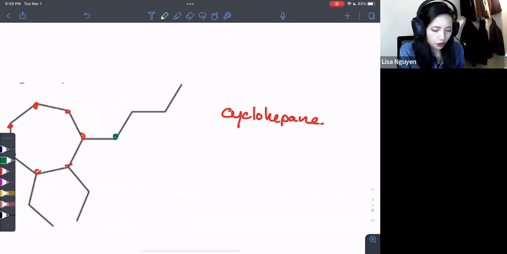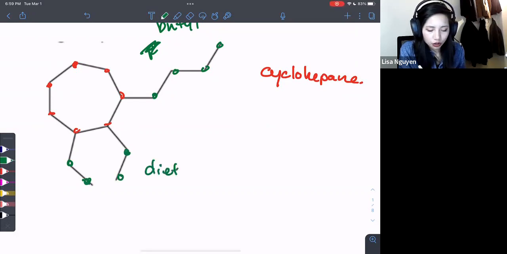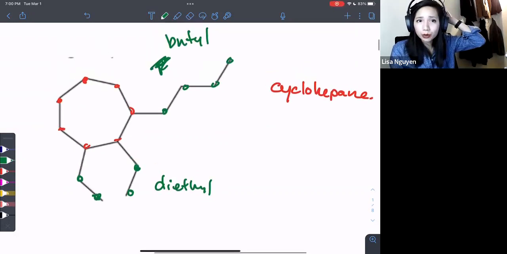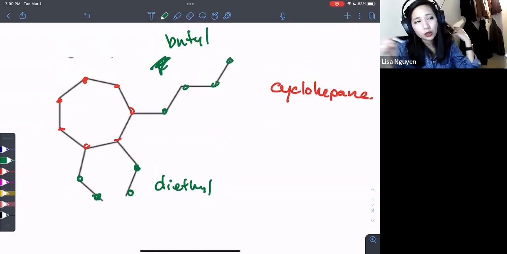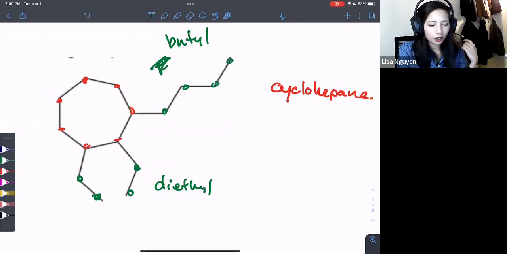All right, and then we just name the substituents. So we have 1, 2, 3, 4. So this would be a butyl group, right? Butyl group. And then these two substituents, we have 1, 2, 1, 2. So this is diethyl. There's 2 ethyl groups there. All right, and so now it's numbering. This one's a little bit tricky because it's 1, 2, 3, but the question is, do I want to go this way 1, 2, 3 or this way 1, 2, 3?